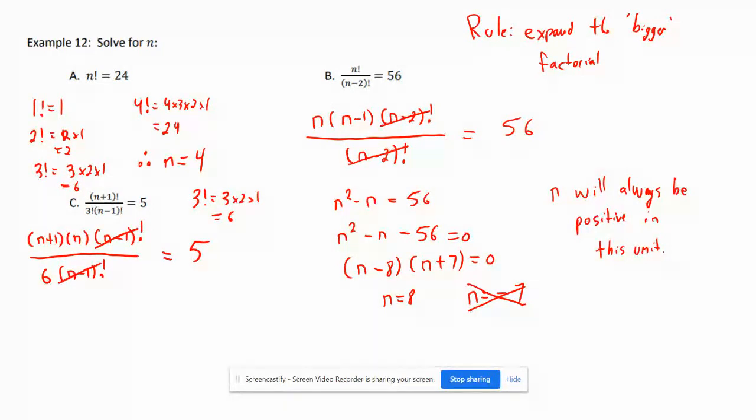Okay. Now, again, this is another Math 20 type question over here. What would I do next? I would multiply both sides of the equation by 6 to get cancellation here. So the right-hand side equals 30. And this is n squared plus n.